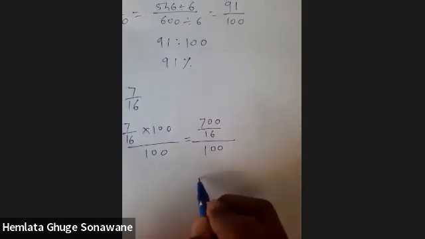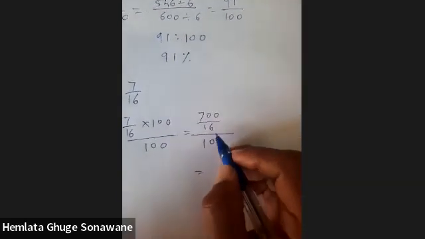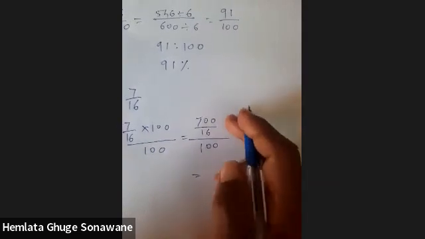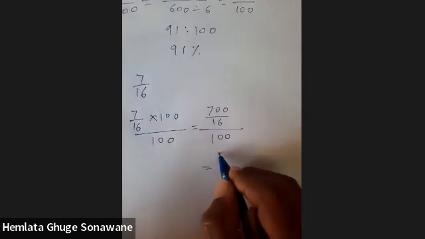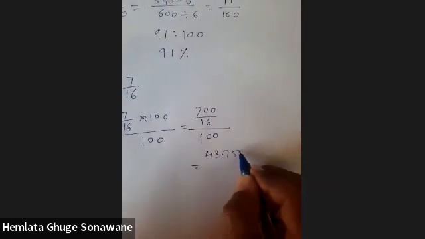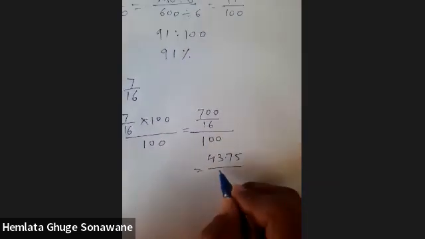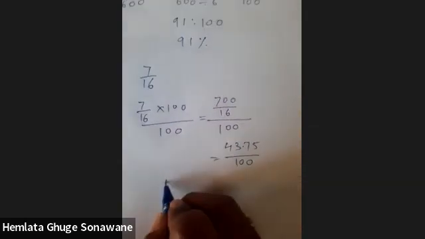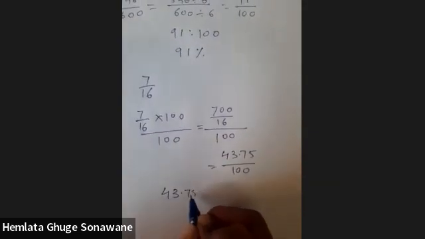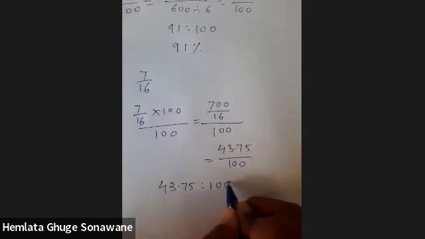Okay, we'll simplify this 700 upon 16. That is, we'll divide 700 by 16. We'll get 43.75 upon 100 as it. Now we have got the ratio as 43.75 as to 100.